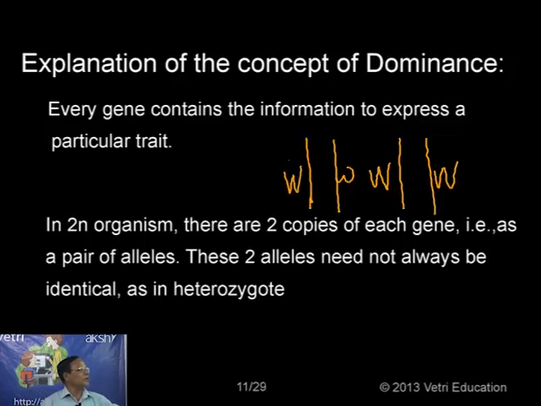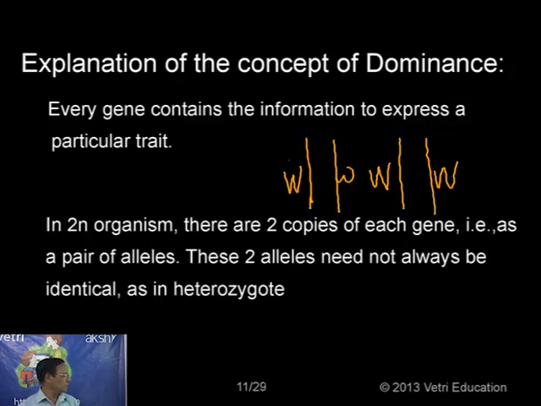The dominant allele may get changed. So when the allele gets changed, the character can also be changed, or the coded information that that allele contains may also be affected.